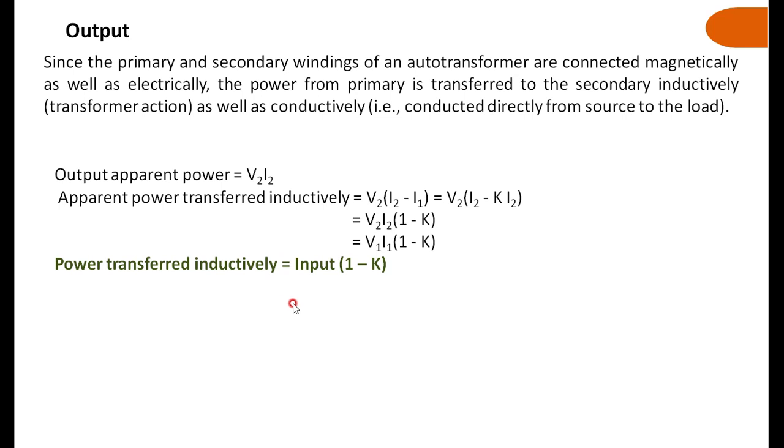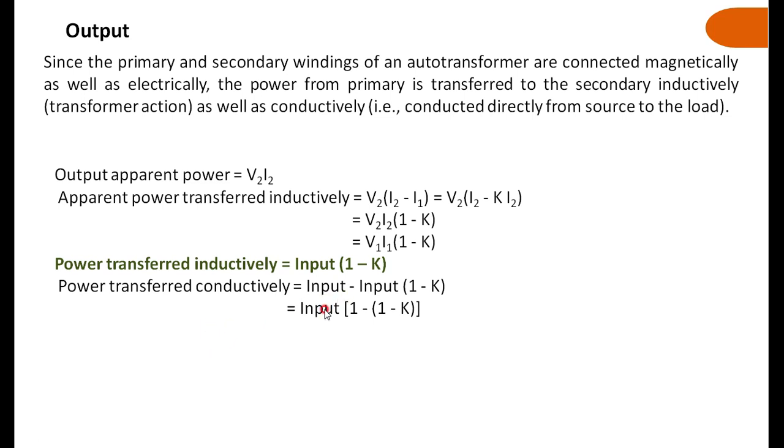Then how much power is transferred electrically? That is V2 I2 minus the input times 1 minus K. The power transferred conductively, that is electrically, is equal to input minus 1 minus K times input, which is already transferred inductively. The remaining power is transferred electrically.